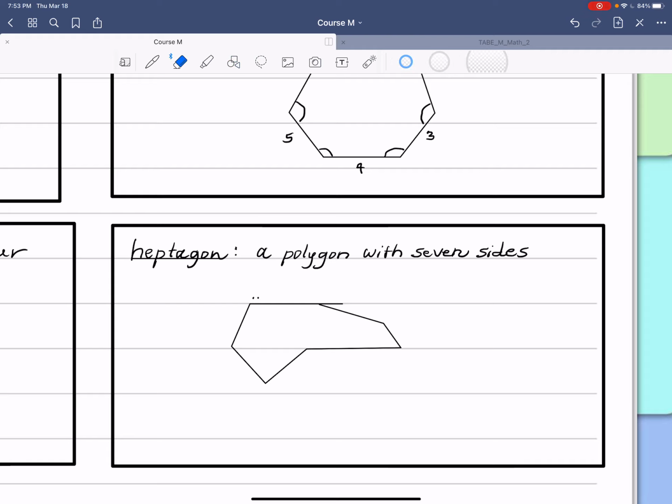This is definitely not a regular hexagon or heptagon. It's a weird shape, but let's count the sides. 1, 2, 3, 4, 5, 6, 7. 7 sides, 7 angles. That's a heptagon.